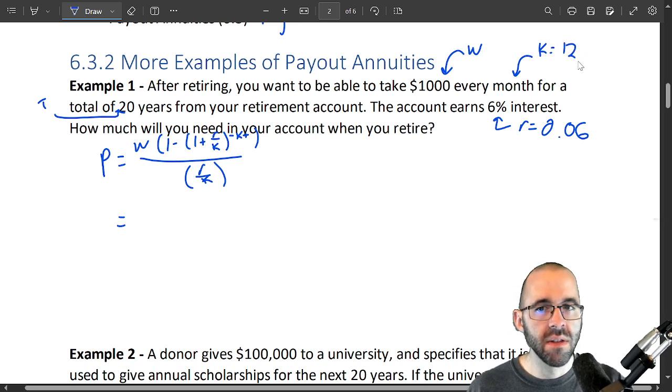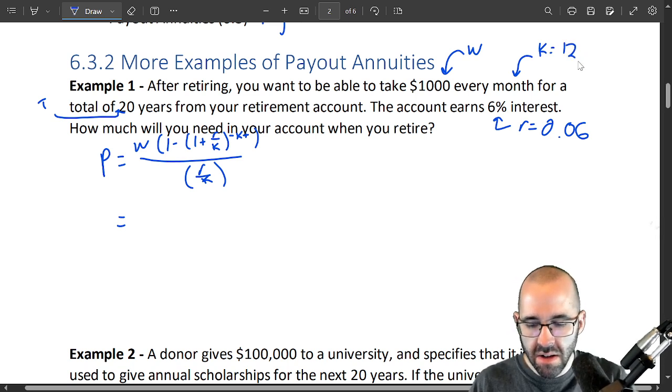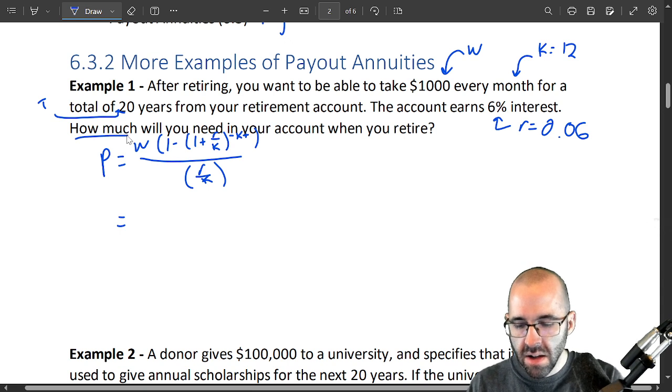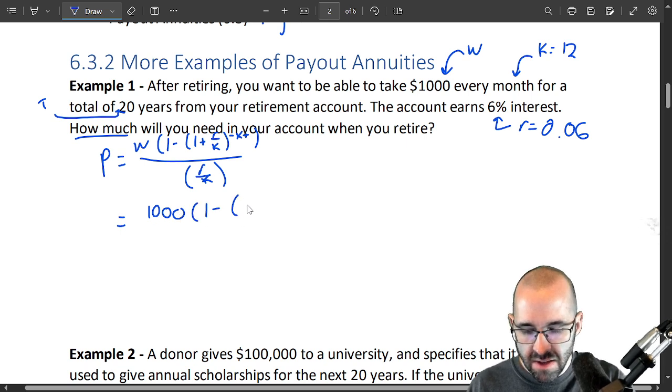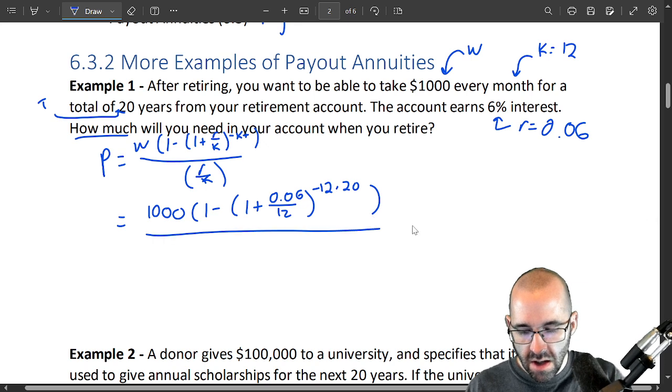The K is 12. Now we just plug everything in. P is how much we're going to need. Withdrawing $1,000 times 1 minus 1 plus R over K, to the negative K times T, all over R over K.